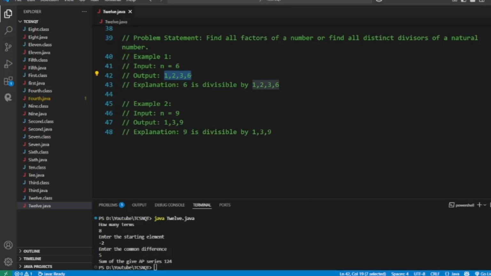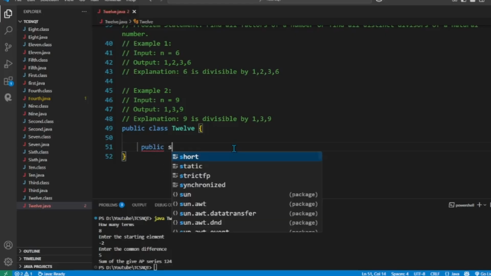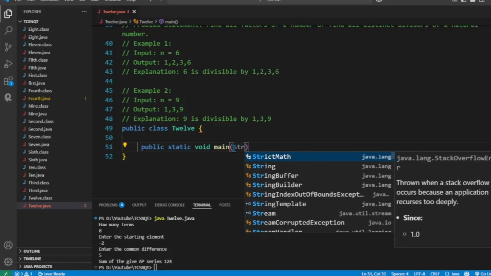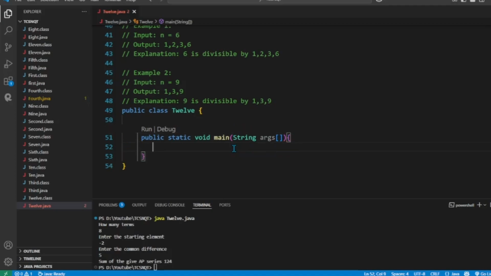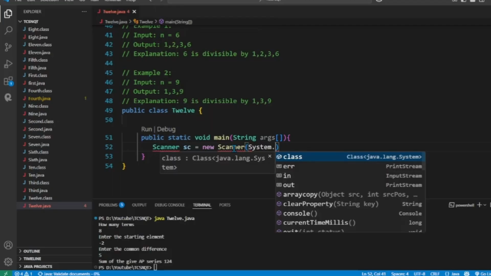First we create a class. After that, public static void main, String args. After that we simply take input, so we create a Scanner: Scanner sc is equal to new Scanner(System.in).